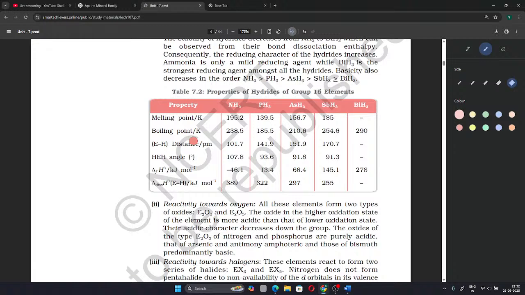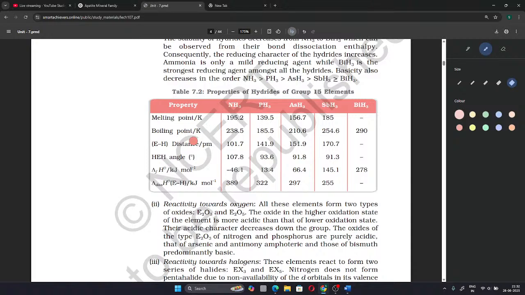Boiling point: wait, the highest is antimony.